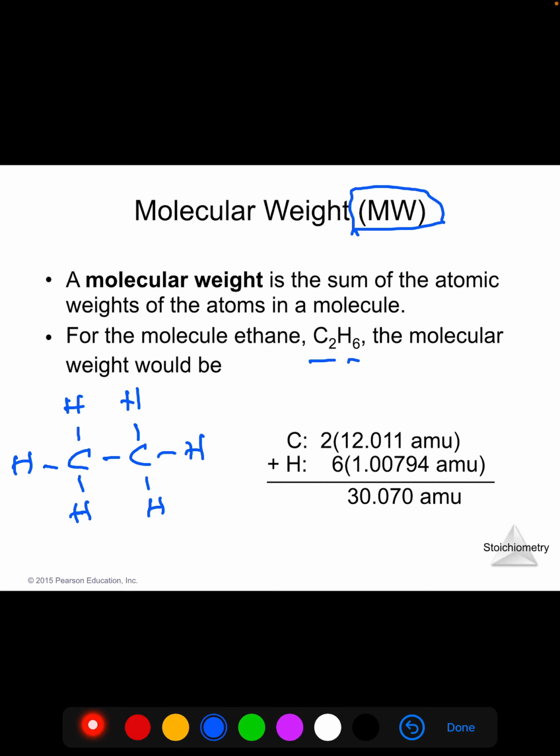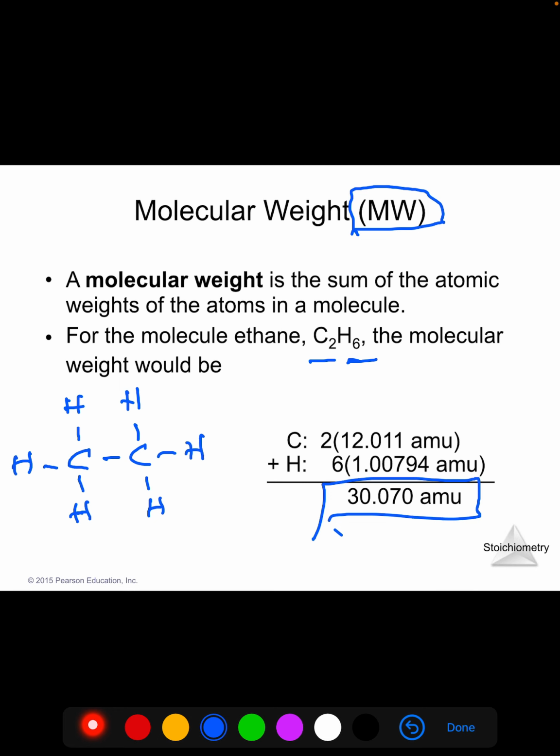Now, carbon has a mass of 12.011, but I'm just going to call it 12. And hydrogen has a mass of 1, but there are 6 hydrogens and 2 carbons. So 2 carbons is 24, and 6 hydrogens is 6, and it adds up to a molecular mass of 30.